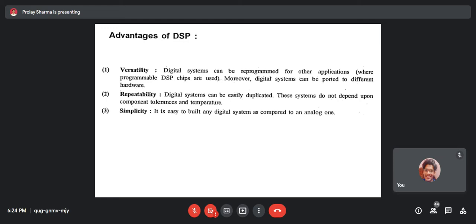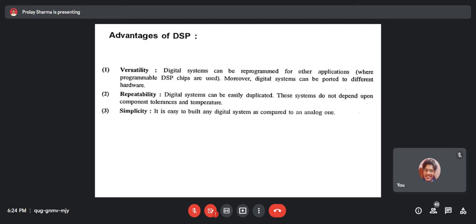So, with respect to versatility, obviously a software program which implements the DSP algorithm concept will be much easier. So versatility and adding of new functionality will be very simple and doesn't need any hardware changes.